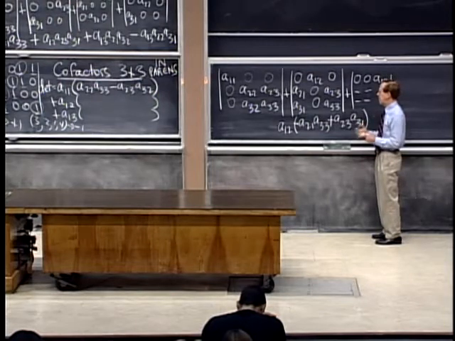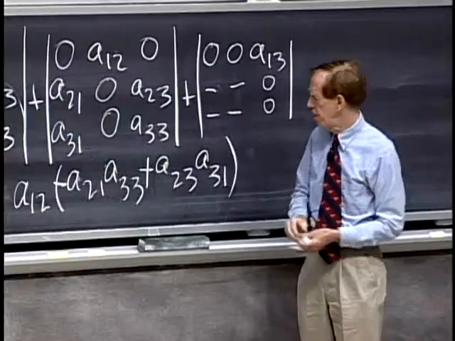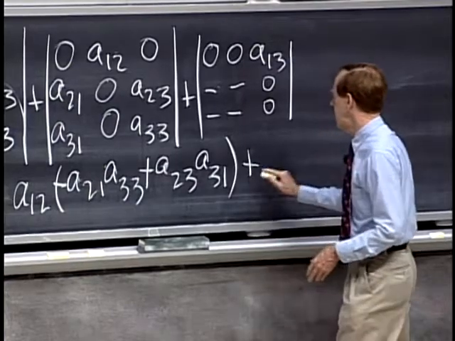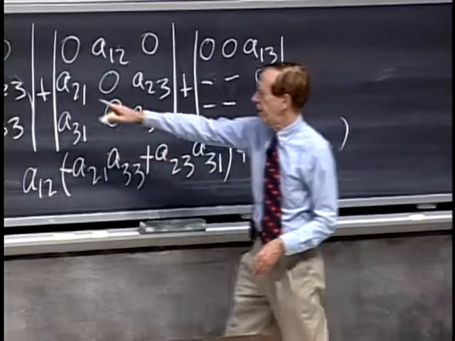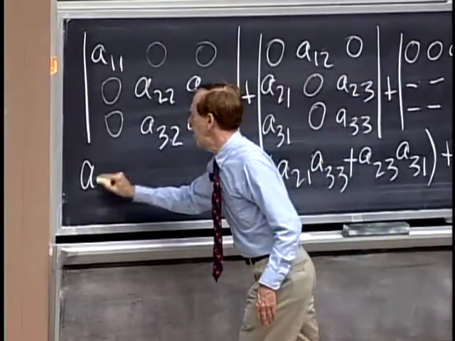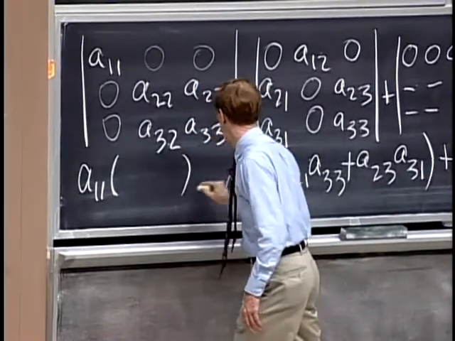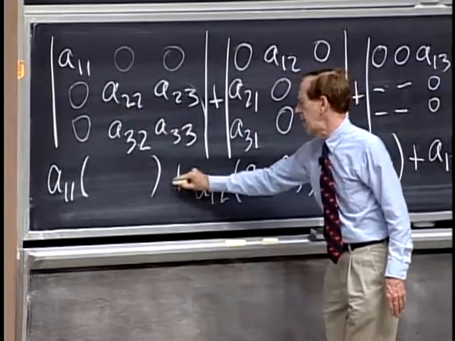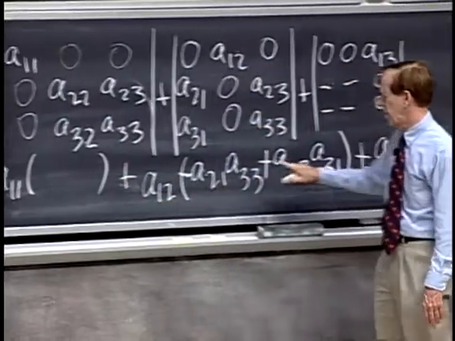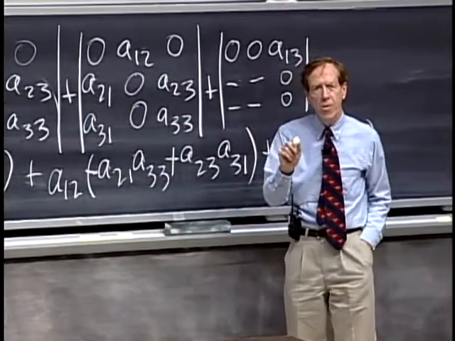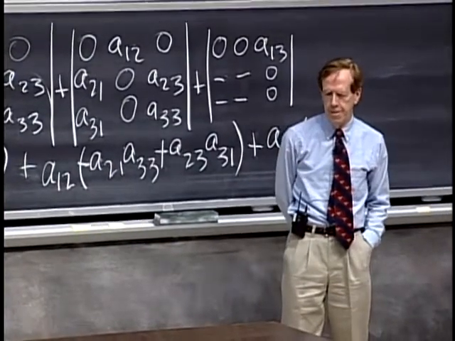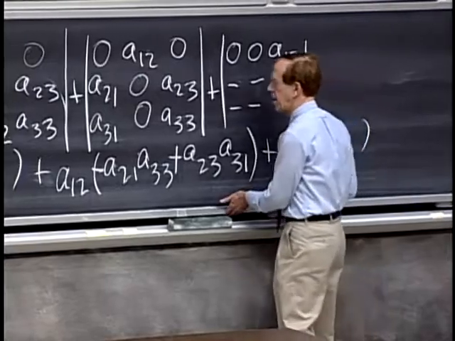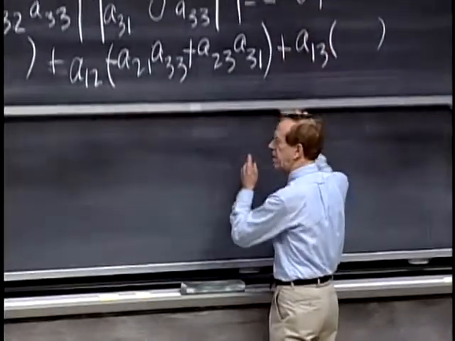So now I'm ready to say what cofactors are. So this would be a plus A13 times its cofactor. And over here we had plus A11 times its determinant. And there we had the A12 times its cofactor. So the point is the cofactor is either plus or minus the determinant. So let me write that underneath them. What are cofactors?